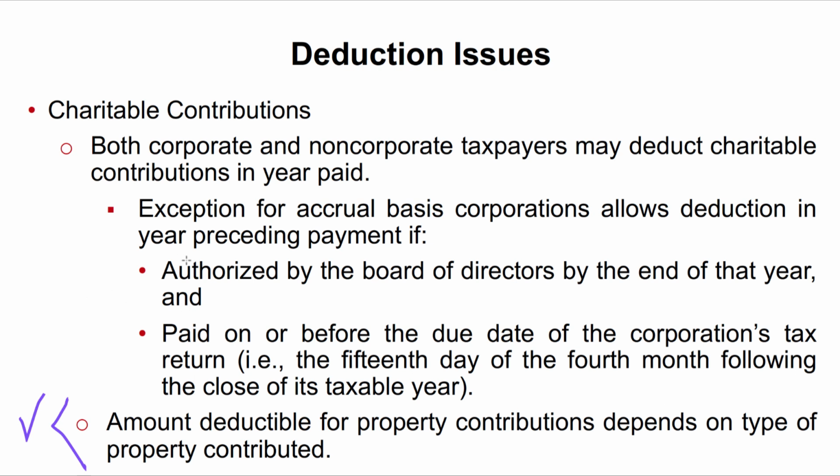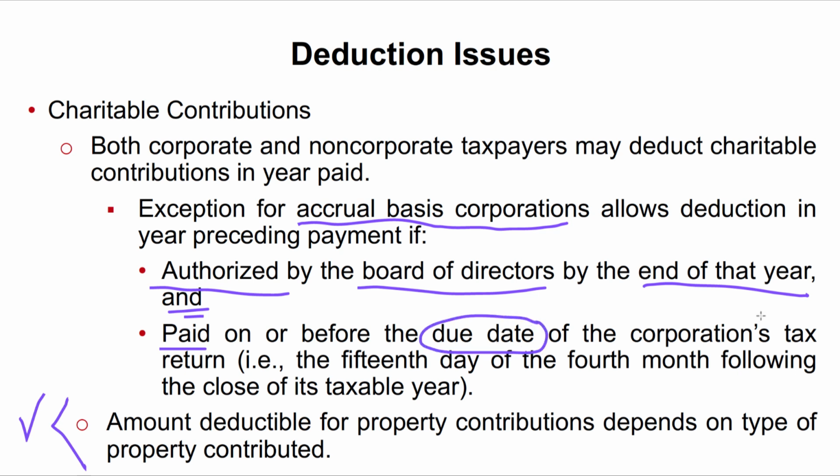One main thing is that corporate and non-corporate taxpayers may deduct charitable contributions in the year paid. We know that. Now, accrual basis corporations have a special rule that says if the board of directors authorizes a charitable contribution by the end of the year, and it's paid before the due date of the corporation's tax return, which we'll learn more about later, it's the 15th day of the fourth month following the close of the tax year at the time of this video.